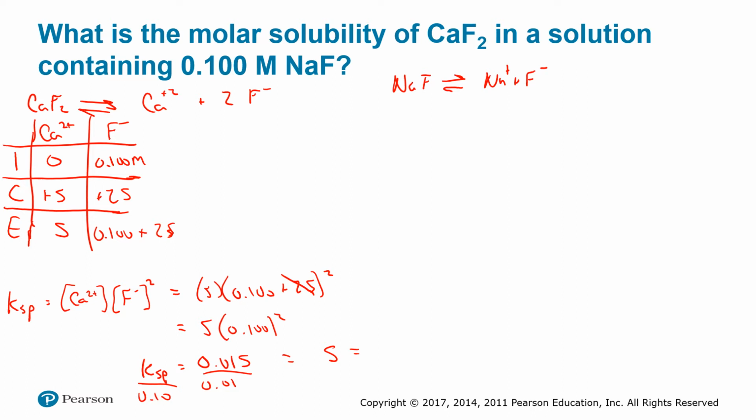And a quick lookup shows that the Ksp for calcium fluoride is 1.46 times 10 to the negative 10th. So the solubility will be 1.46 times 10 to the negative 10th divided by 0.01, or 1.46 times 10 to the negative 8th.